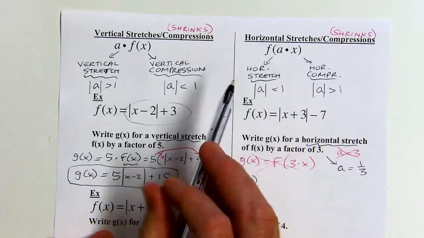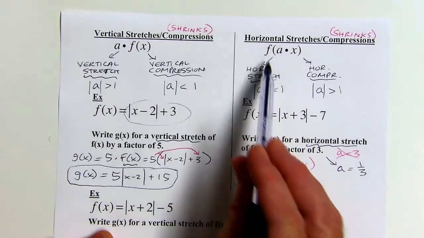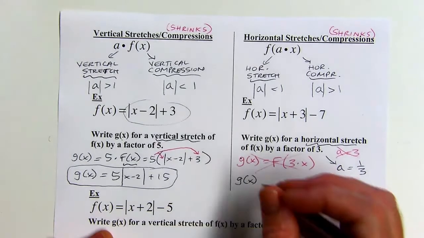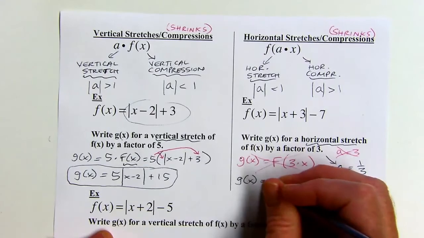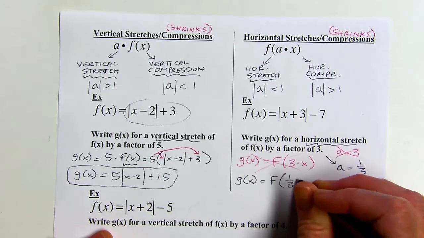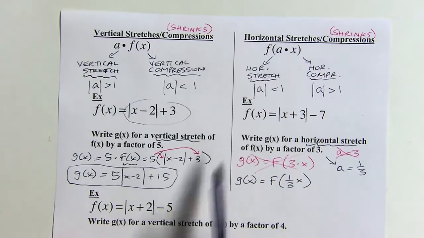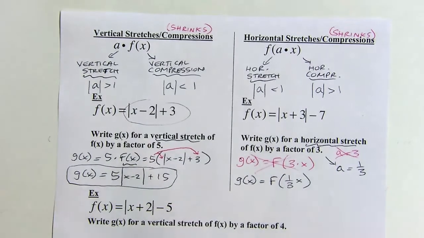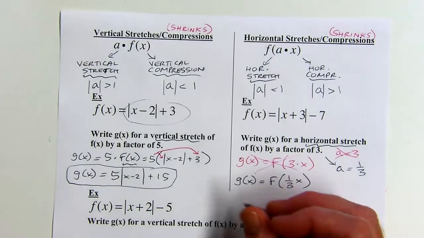And you always have to use the reciprocal of the factor when you're doing horizontal stretches and compressions, I should say, okay? So this is going to be f of 1/3 x, all right? Very confusing because you do different things depending on if it's a vertical or horizontal stretch, and it just takes a little getting used to, okay?